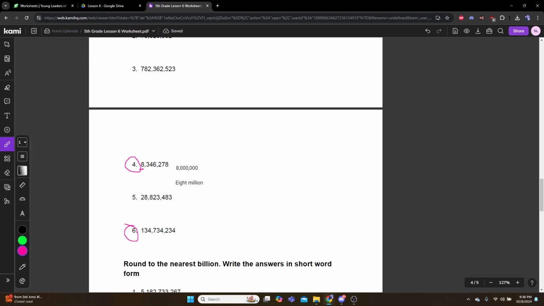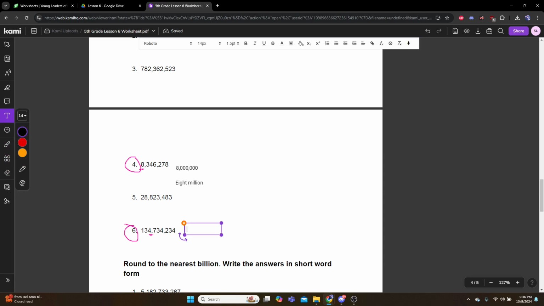Same for number 6, but in this case, there's a little more digits and places, so we need to identify the millions, in which it's the 4. The number that comes after is 7, which means that we do round up. So it would become 135 million. And if we write that in short word form, it'd be 135 million.